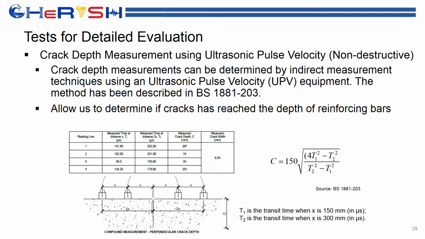So if the crack depth reaches a depth that is similar to the concrete cover depth, then there is already a durability issue, and we could expect that corrosion can or might already be happening in our reinforced concrete member.